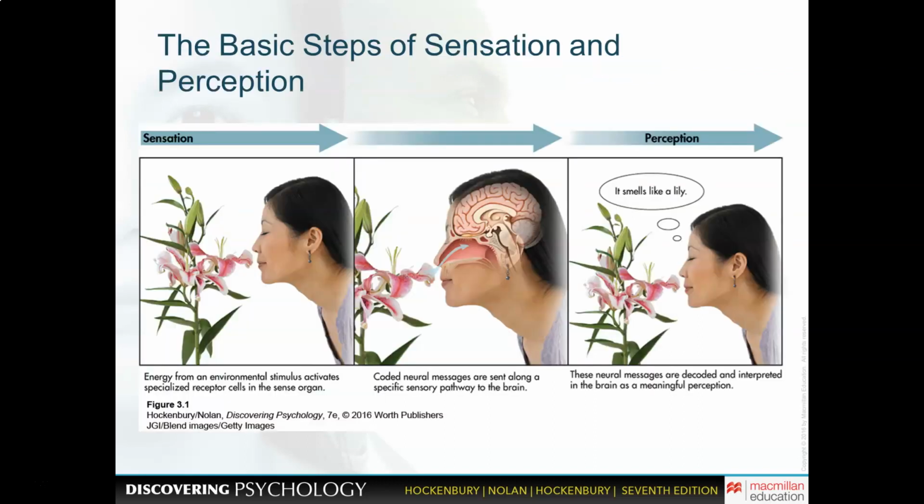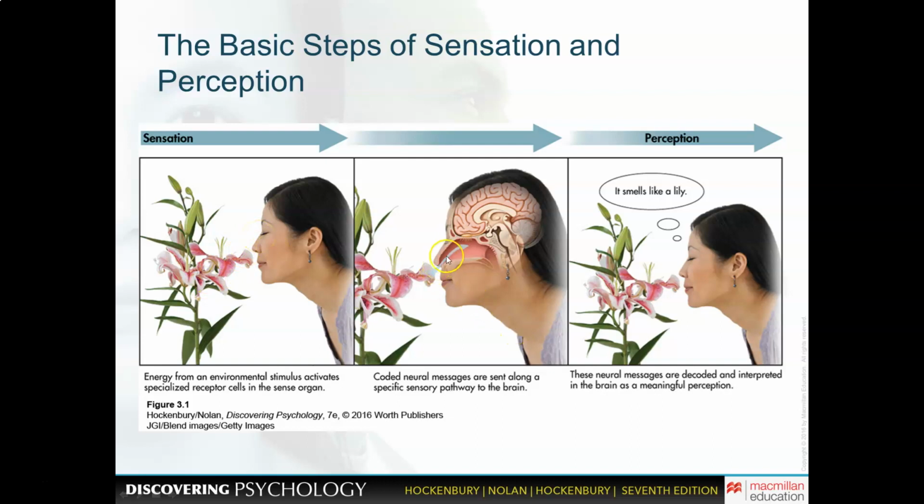So here are the basic steps of sensation and perception. Very quickly, step one is when someone senses. Take for instance, this woman is just sensing. The receptor cells in her olfactory senses are just taking in the information from the flower.